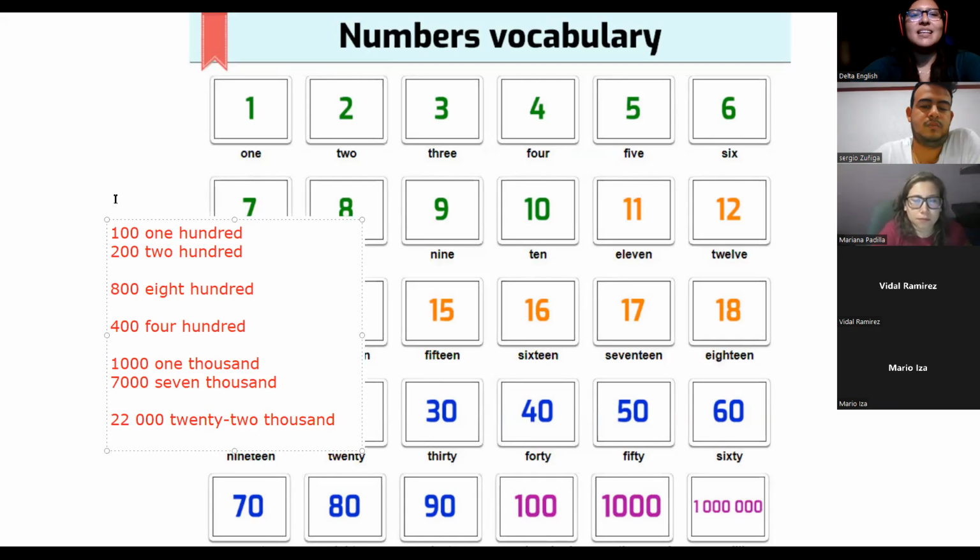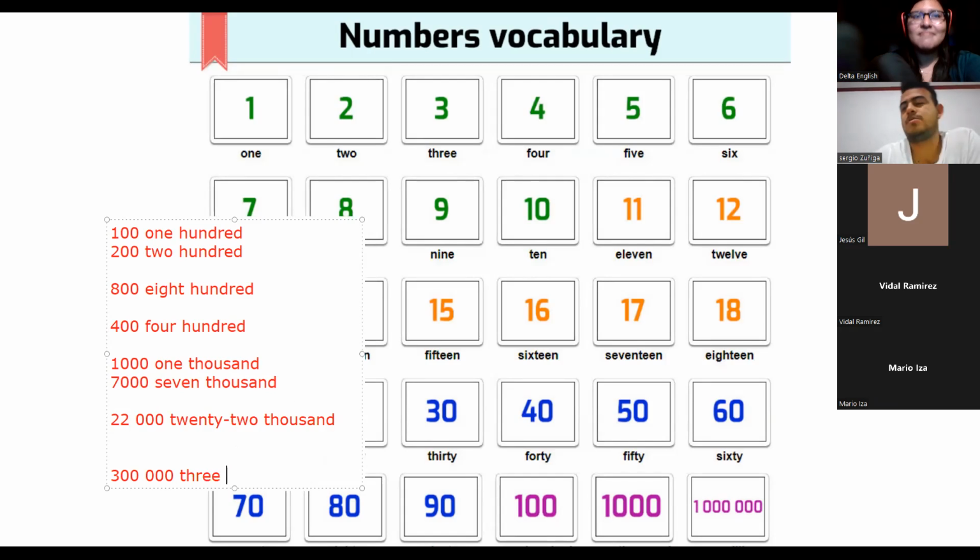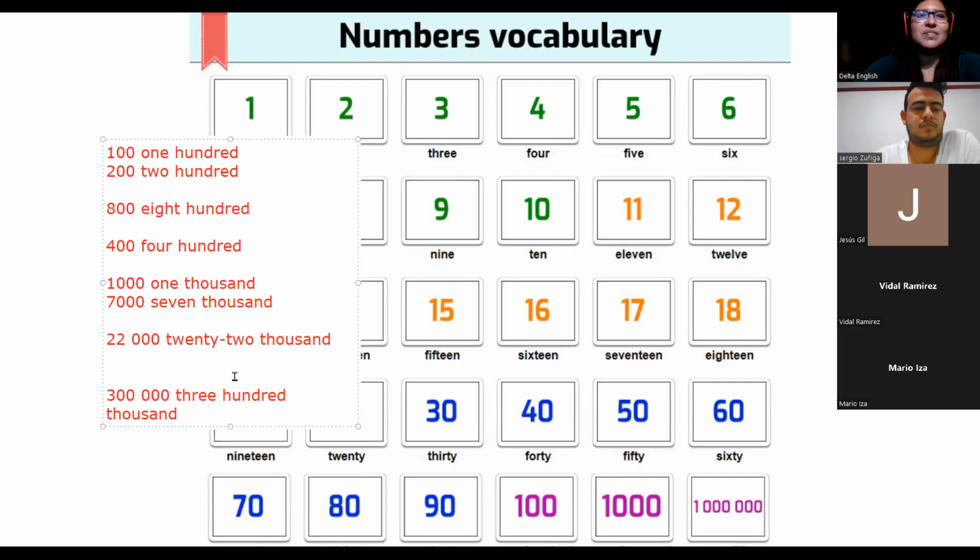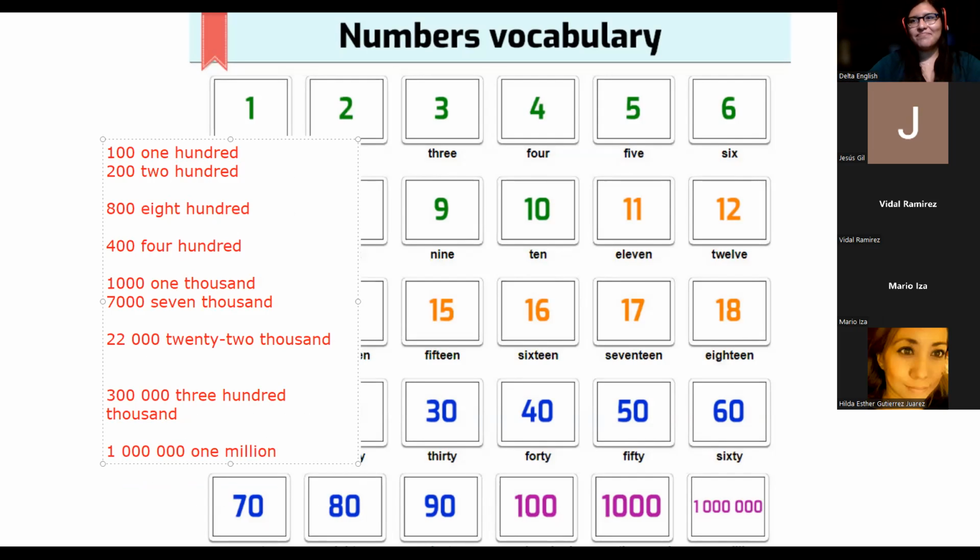What about this? 300,000. There you go. And so eventually, if you keep going that way, you're going to get to 1 million. And there you go. That's it. That's all you have to do.